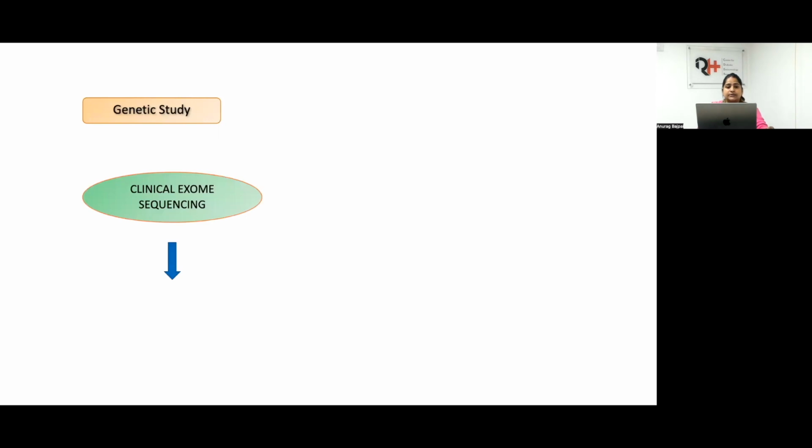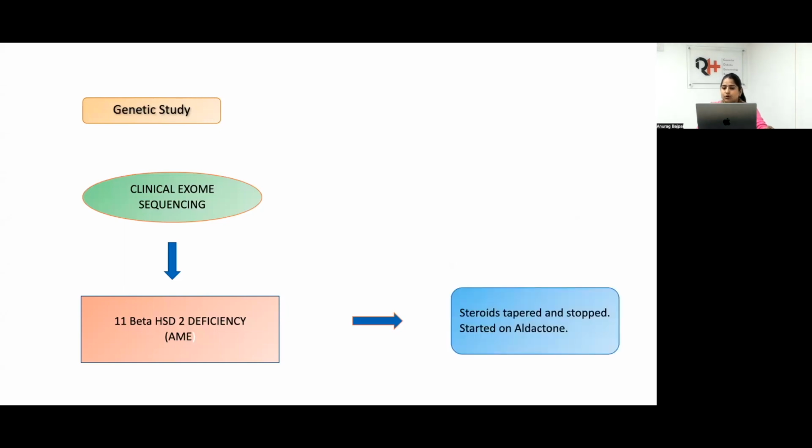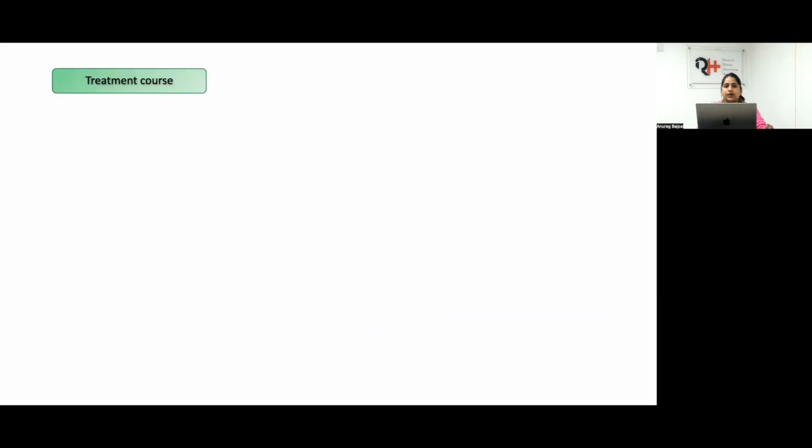Now, the genetic study was done, and we sent the clinical exome sequence, and we found 11 beta HSD2 deficiency. And after the results, we stopped the steroids and started the aldactone.